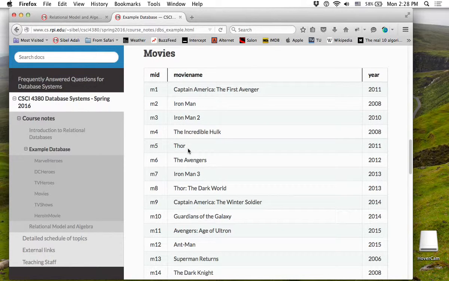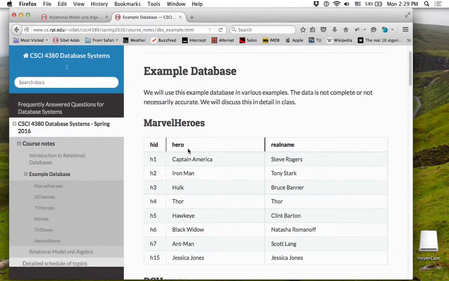So the movie is made after 2014. You obviously need the movies relation for the year, right? So you need movies and year. And that has a Marvel comic hero, so you need Marvel heroes.